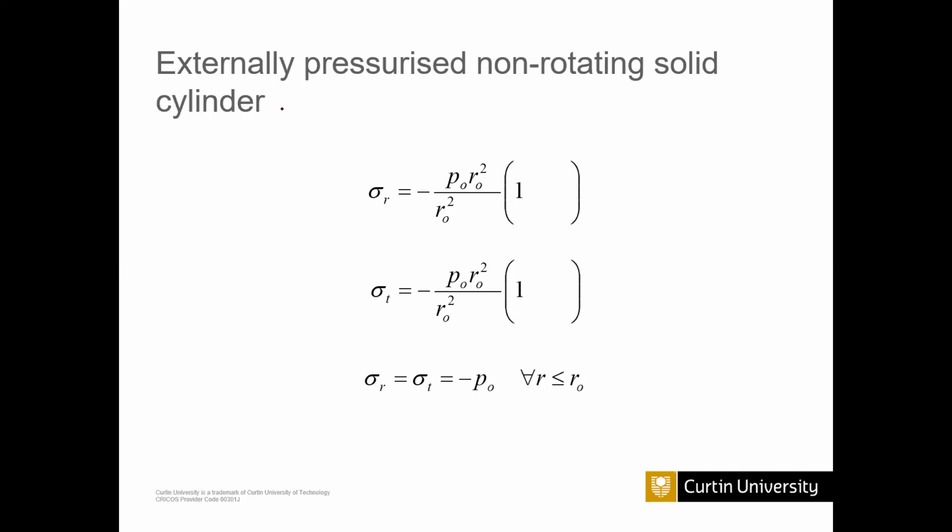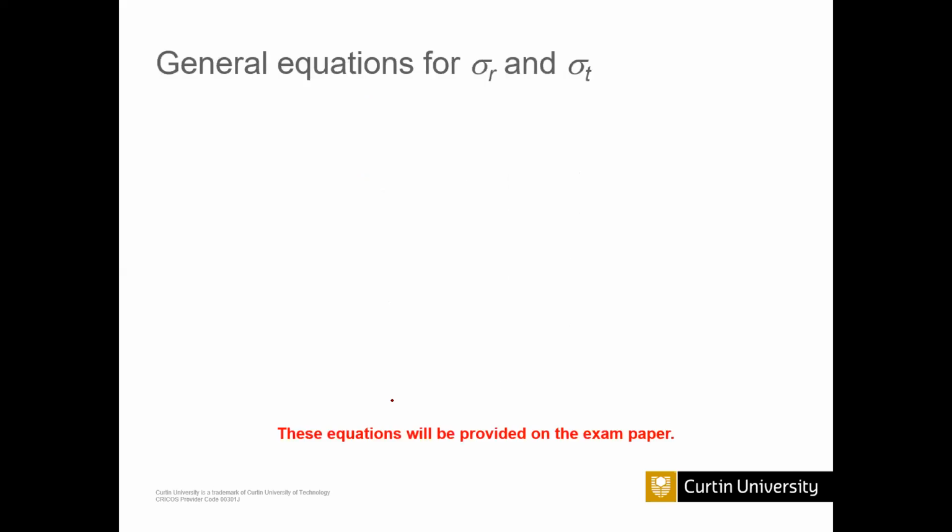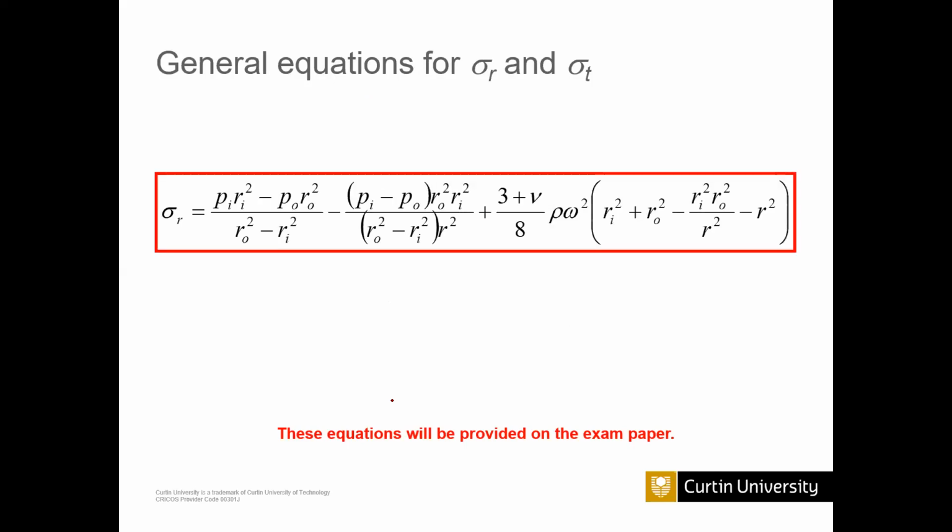That means for an externally pressurized non-rotating solid cylinder, sigma R and sigma T, the radial and tangential stresses, are equal. Both are equal to minus P naught, the externally applied pressure.